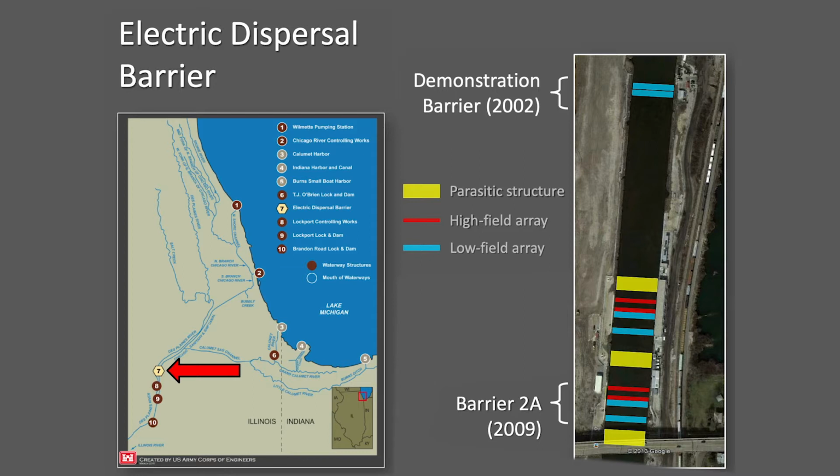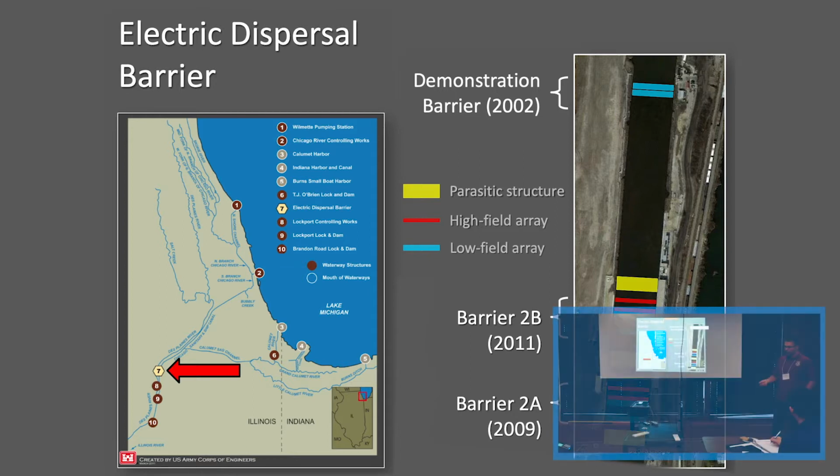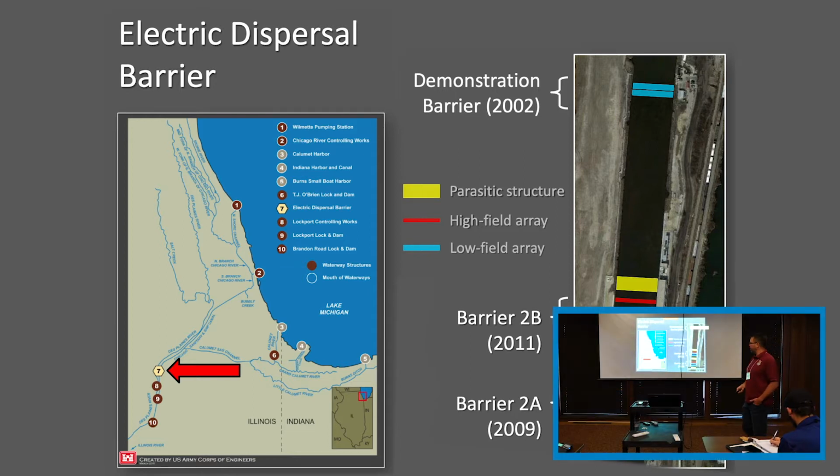So 2A is a set of low field and high field arrays that were built in 2009. In 2011, we built a second one, barrier 2B. There are plans for another one to be made here. So again, redundancy is a good thing.